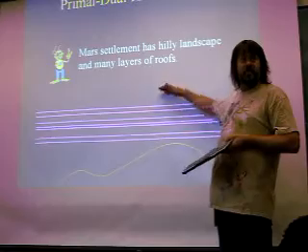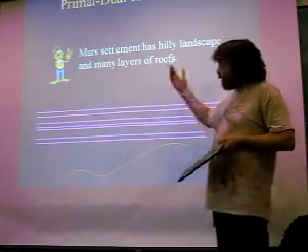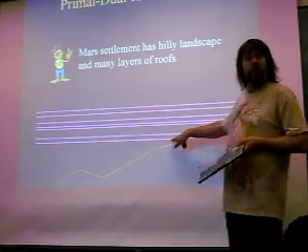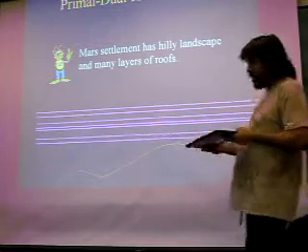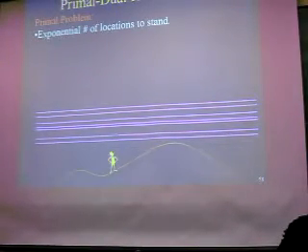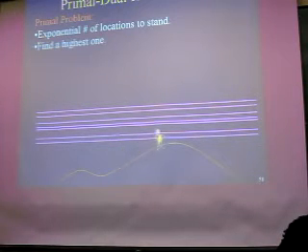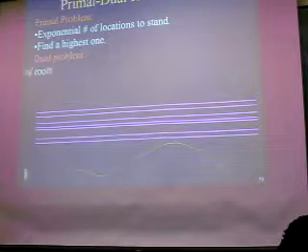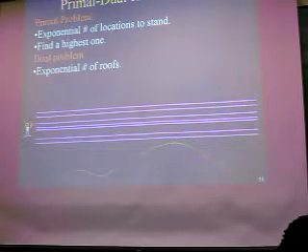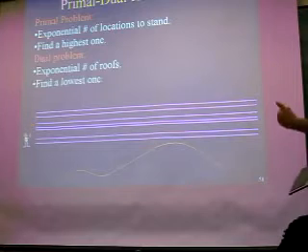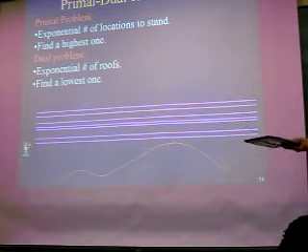And they built an exponential number of ceilings. We have another problem, which is to find the lowest ceiling. So the primal problem, as I said, is there are an exponential number of places to stand, and our goal is to find the highest place to stand. The dual problem is you have an exponential number of roofs, and your goal is to find the lowest roof. Everybody got what these two problems are?